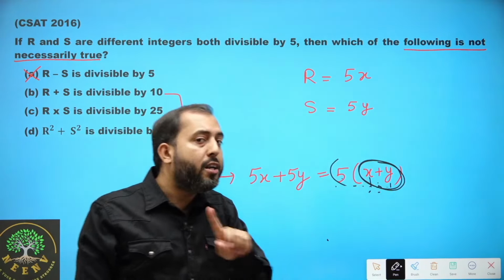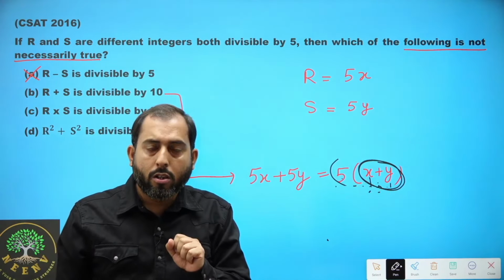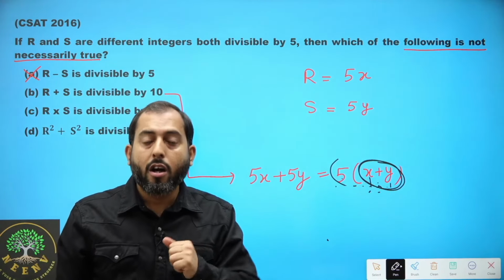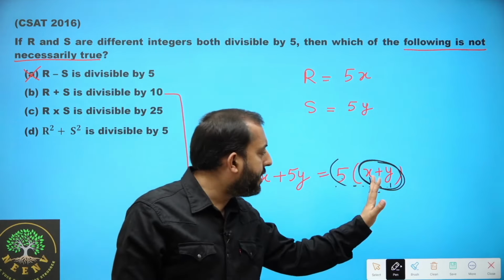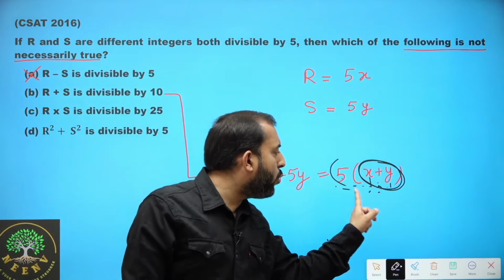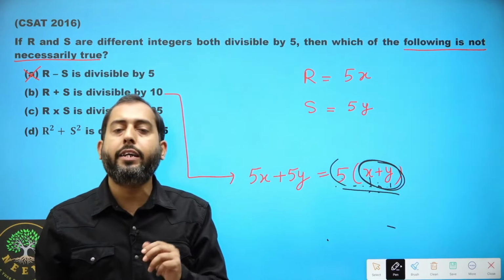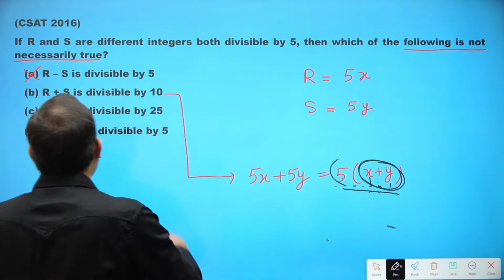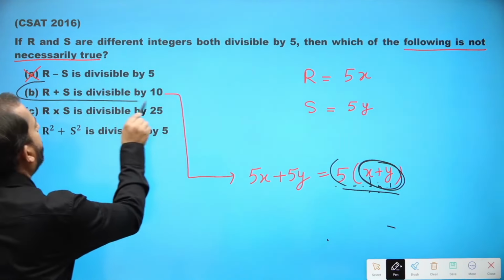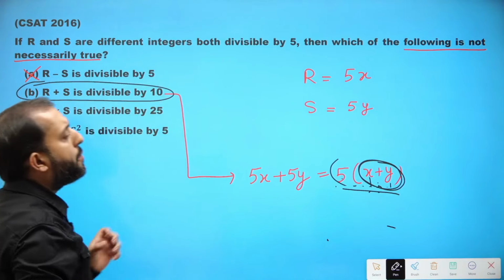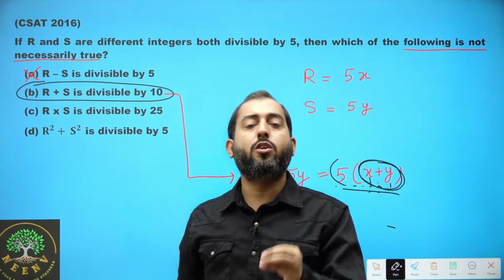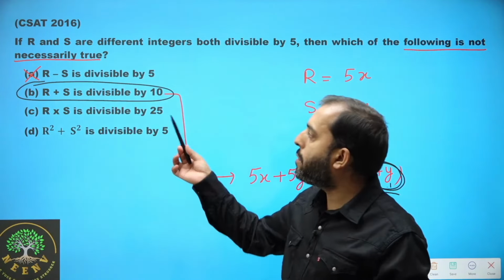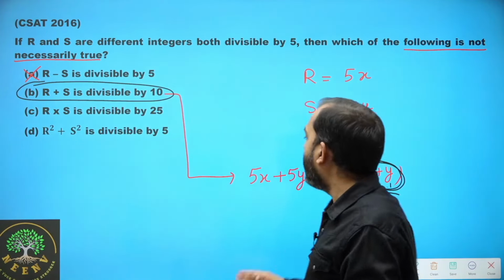But if this value is not 2, not 4, not 6, then I cannot guarantee that this whole thing will be divisible by 10 or not. So option B should be the right choice here. Why? Because we are looking for that statement which is not necessarily true. So option B is not necessarily true.